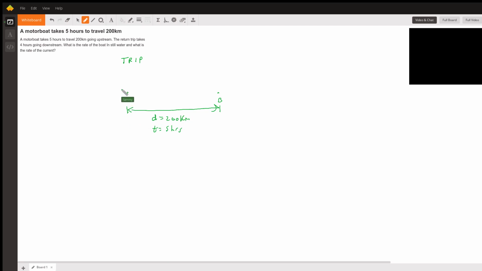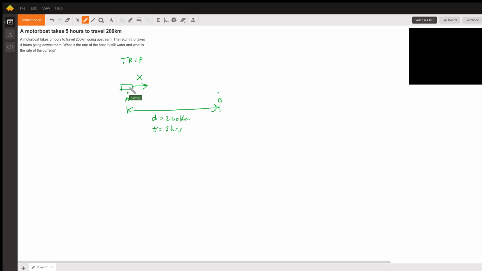Here at point A, we have the boat. It's a box, and it's moving in this direction, going from point A to point B. We can use the letter x to represent the rate of the boat in still water, or the boat's velocity, and the rate of the current.